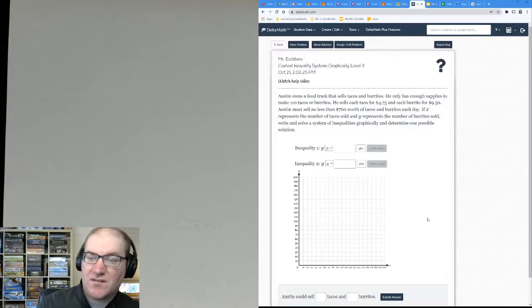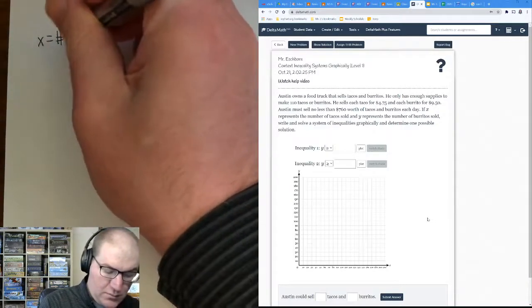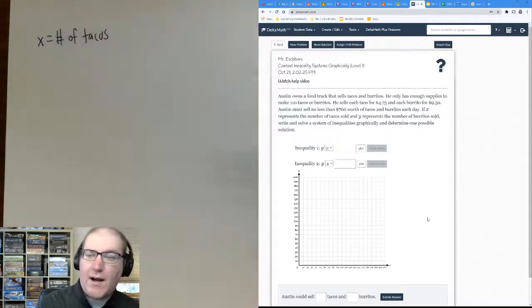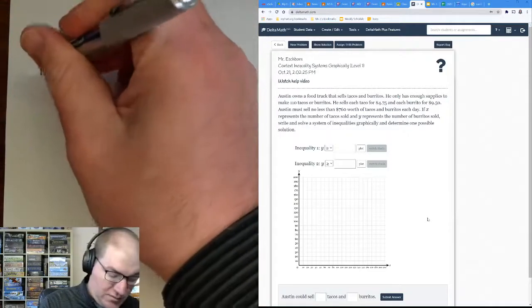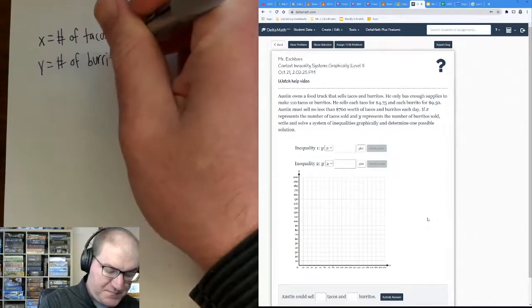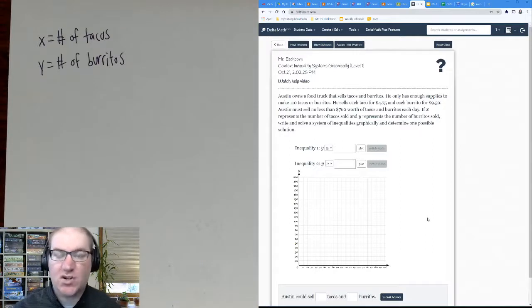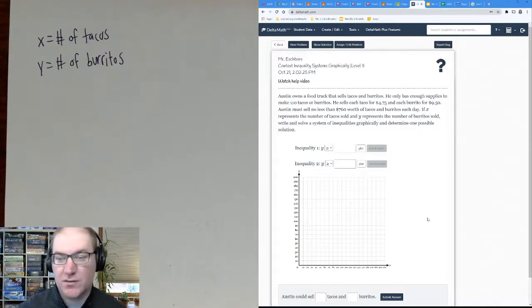If x represents the number of tacos sold and y represents the number of burritos sold, write and solve a system of inequalities graphically and determine one possible solution.